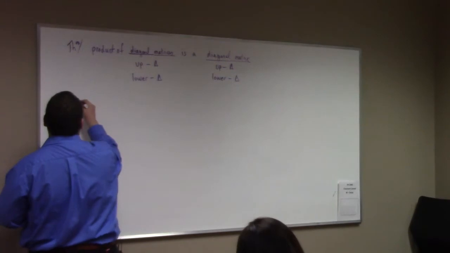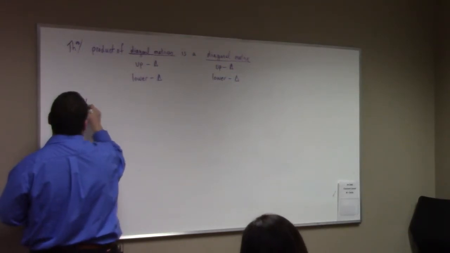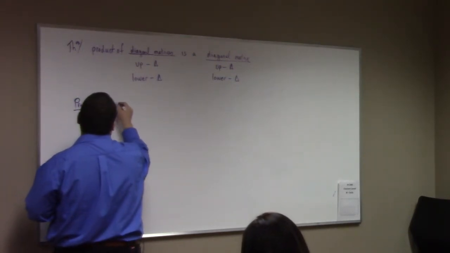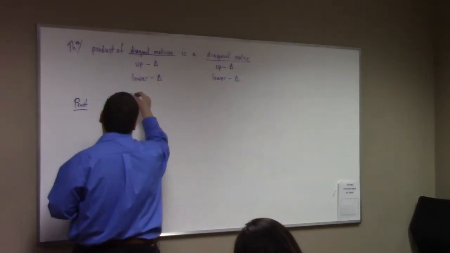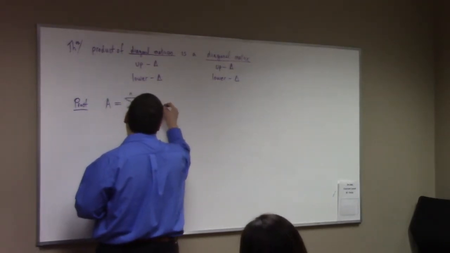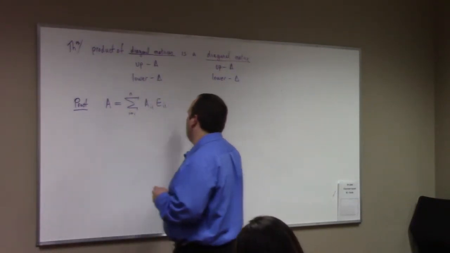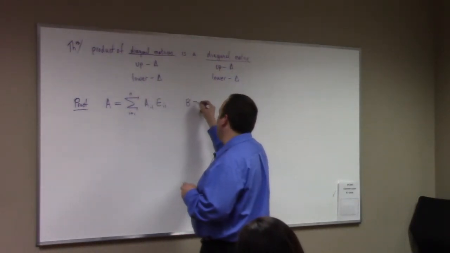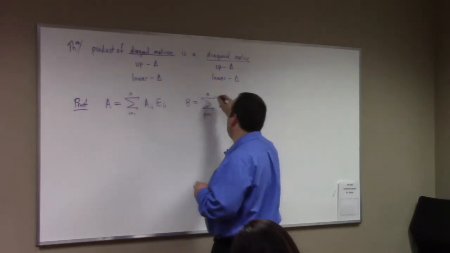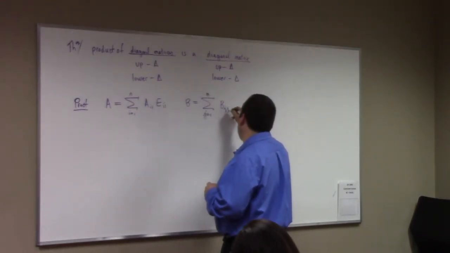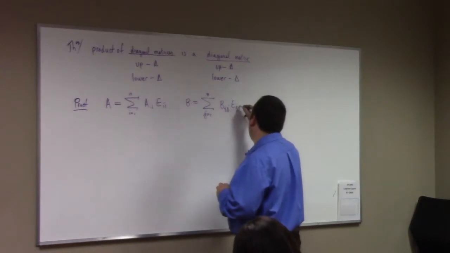All of these things can be efficiently and beautifully proved using index notation. Here, for example, for diagonal, what does it mean for A to be diagonal? In terms of index notation, that means that A is equal to the sum, i equals 1 to n, of a_ii e_ii, right? And B, what does it mean for B to be diagonal? That's the sum, let's say j equals 1 to n, of b_jj e_jj.